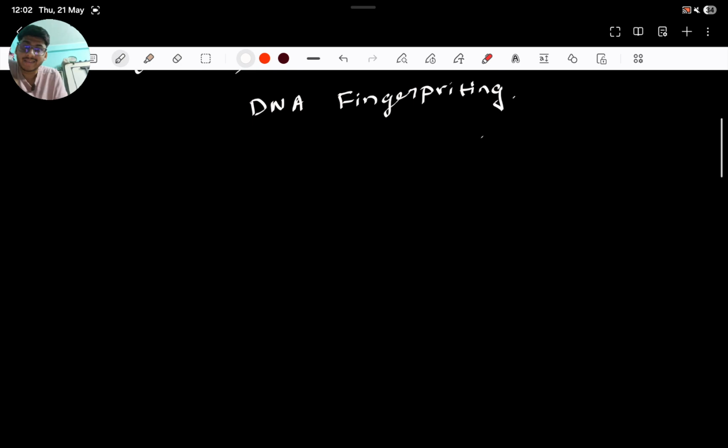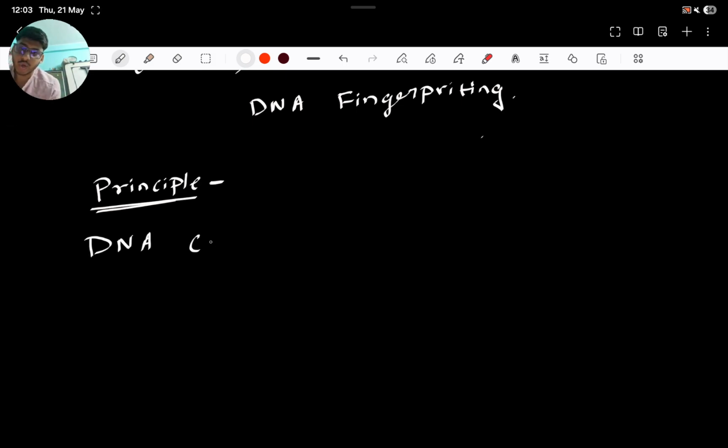so now let's see the principle. What is the main principle? How does it get separated? How does the DNA get separated? By their sizes. How? So what is the principle working? There has to be a principle now. So we all know that DNA contains what?